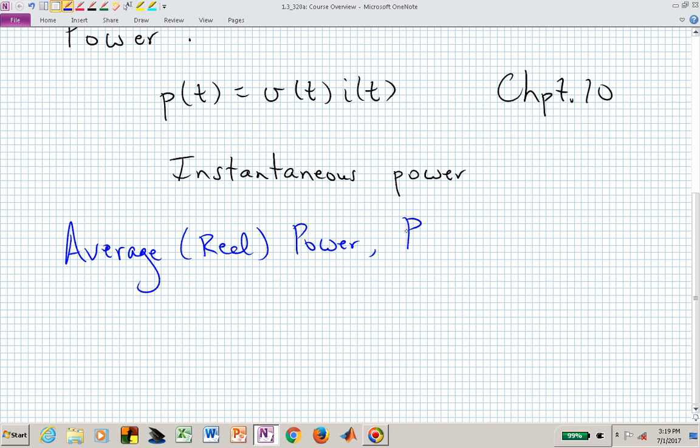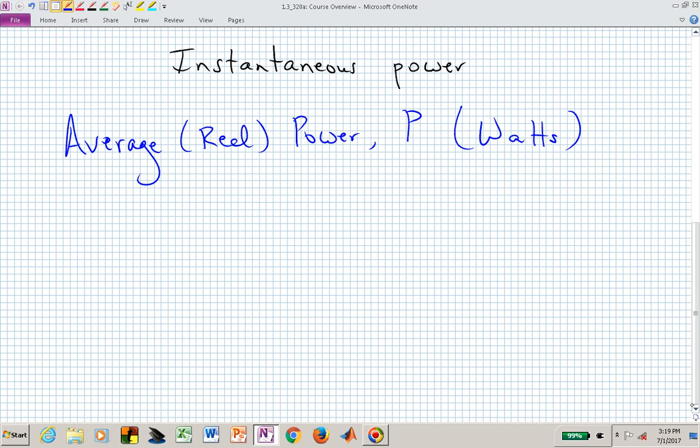and that has units of watts, and that's what energy or work we are actually doing per unit time. Energy per time is power, and that's where we get this P. The source in this case is essentially saying what needs to be supplied to the load.